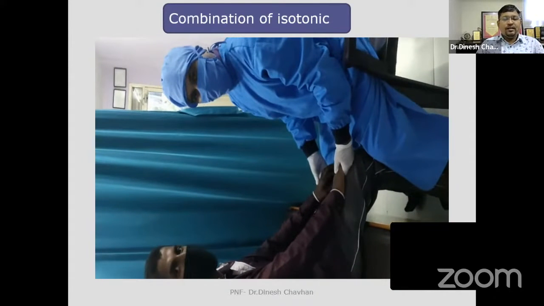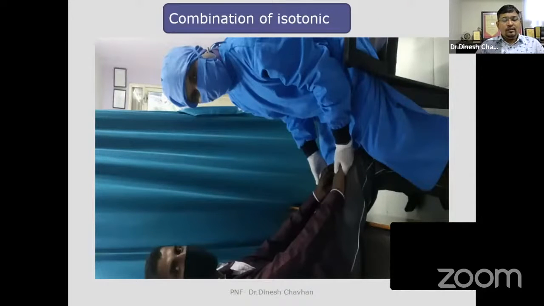Here, if you see, this is a patient of spinal cord injury who has fair trunk control. We want to improve the trunk control. When I ask the patient to bend forward, with a controlled movement, the back extensor will activate eccentrically.